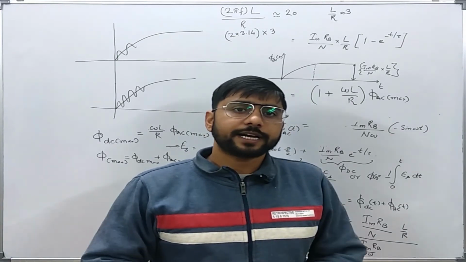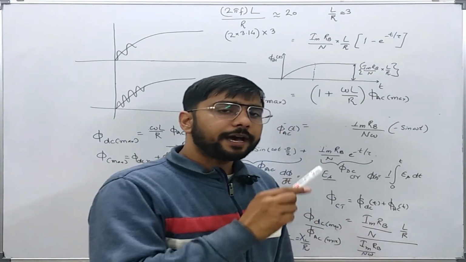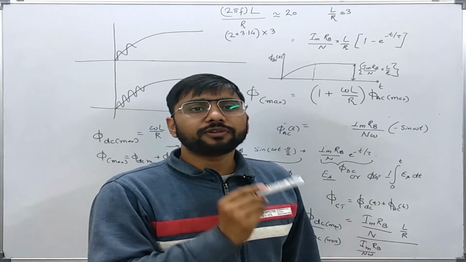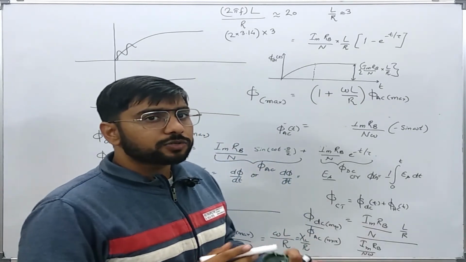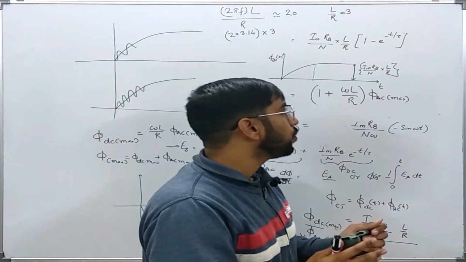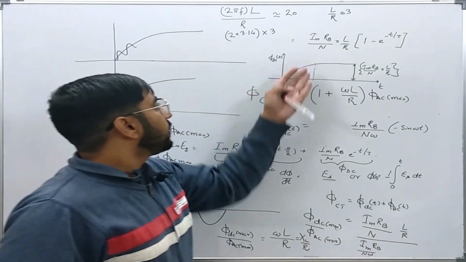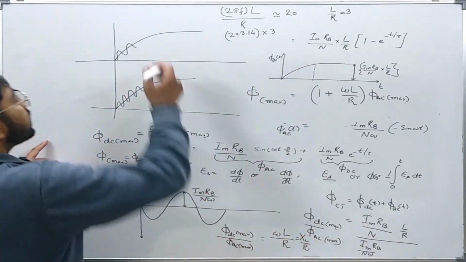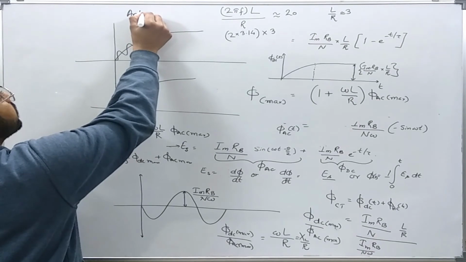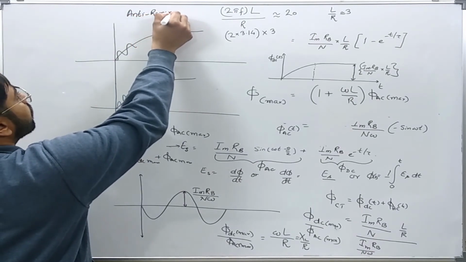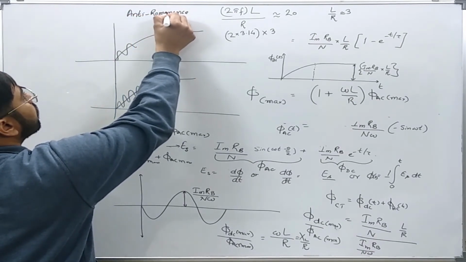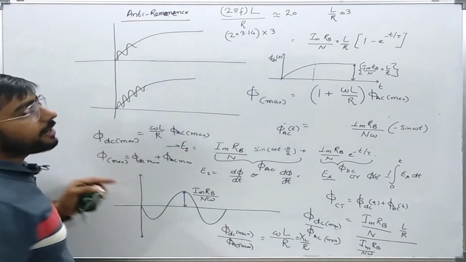However, we will study that air gaps have an equivalent effect of negative MMF. So they will try to have an anti-remanence effect. Anti-remanence effect, what does it mean?